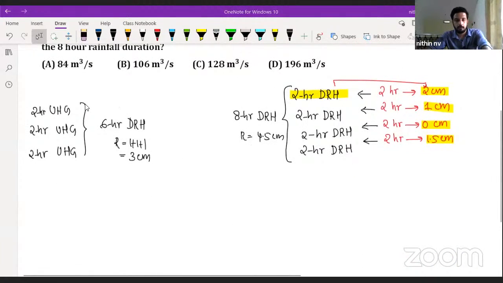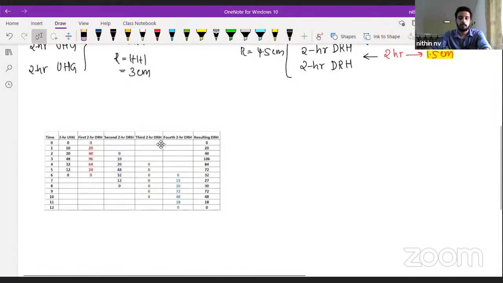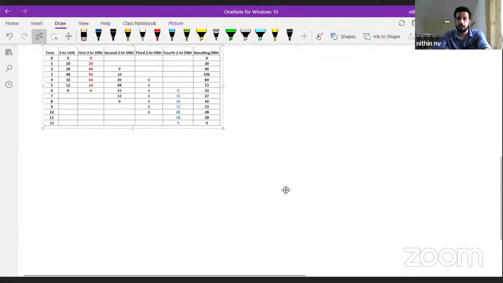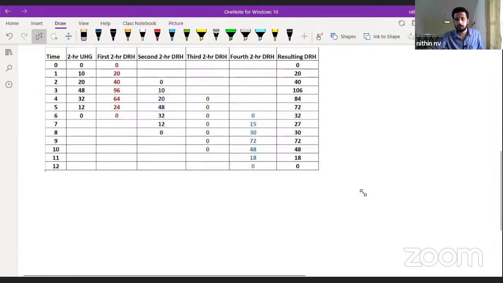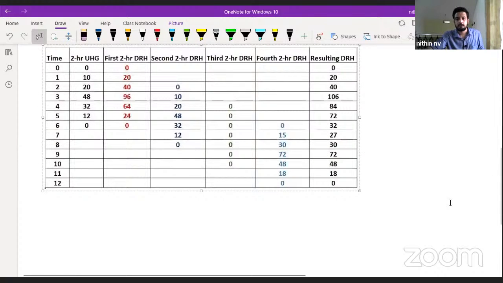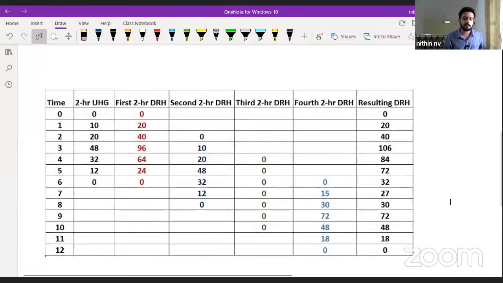Let me take one figure to make you understand. So once you are doing it, you can just do it yourself. Just to save time, I have just shown like this. So what we have, these are the unit hydrograph ordinates, and the first DRH will be nothing but all these values multiplied with the runoff value 2 in centimeter.